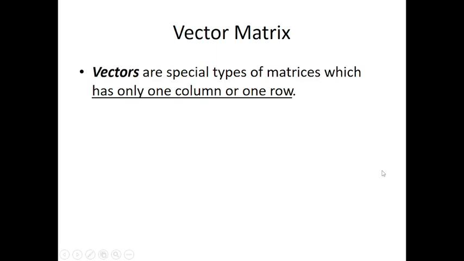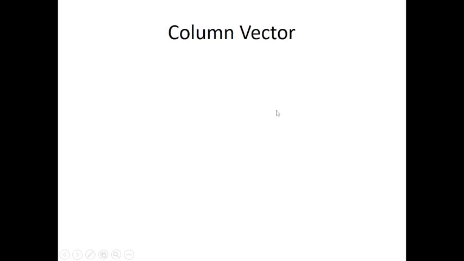When we talk about vectors, these are special types of matrices which have only one column or one row. So if the matrix has a single row or a single column, we call it a vector. First, we consider the column vector.